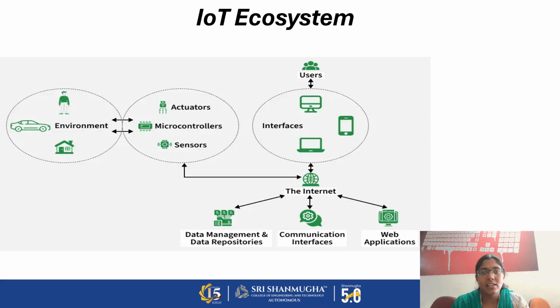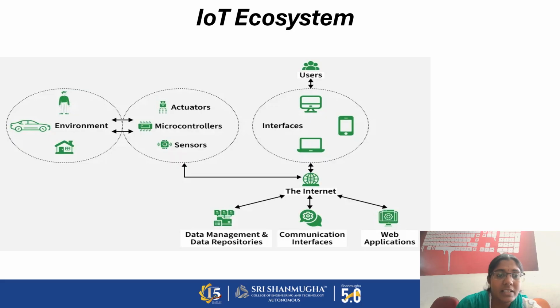The next thing is the block diagram of IoT. What do the blocks of IoT consist of? The main thing, the heart of IoT, is nothing but the internet, right? To this internet, the devices will be connected, for example the sensors, actuators, and microcontrollers, which interface with the environment.